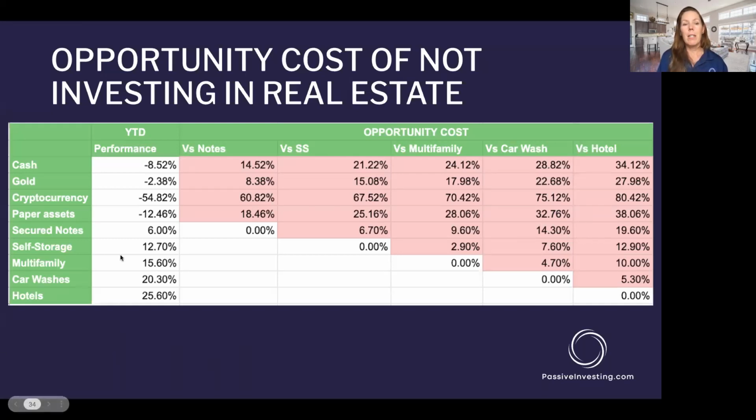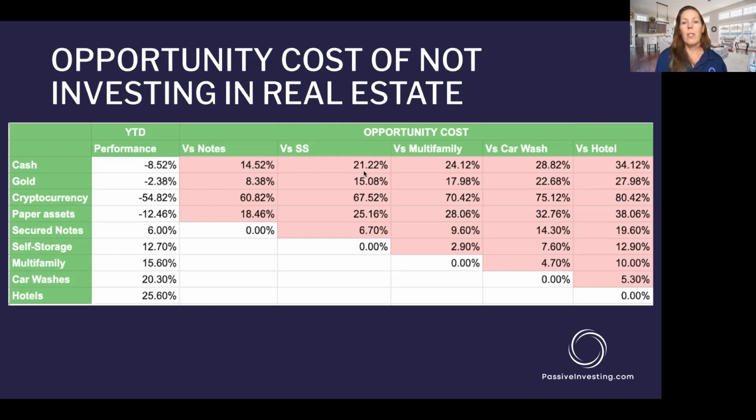We can see here, if we take our year-to-date performance, cash versus secured notes, especially if your secured note is yielding 6% like our PIK debt fund is, you're losing 14.5% on your money. If you invested $100,000, that's $14,500. Now compound that out over 30 years. That's the true opportunity cost here.